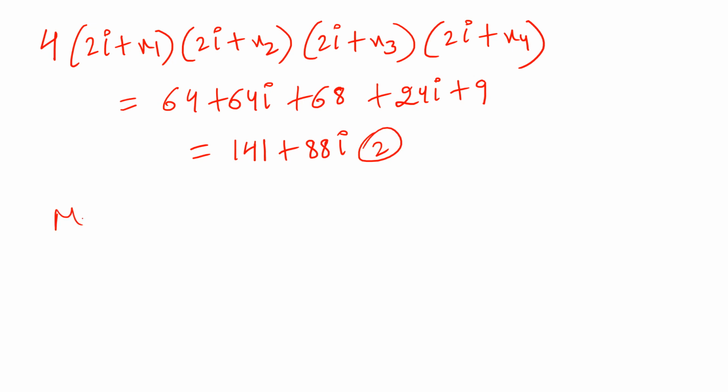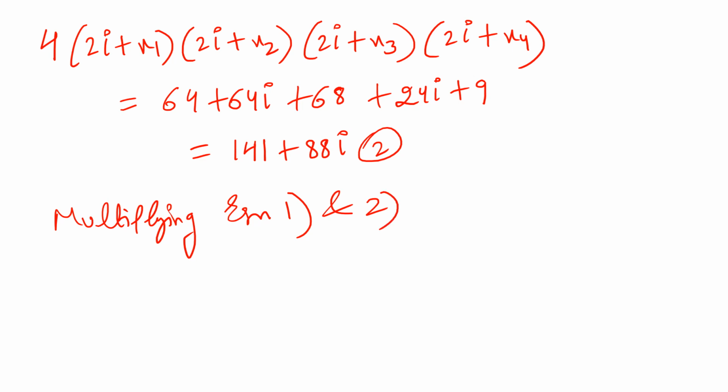Now students, multiply both the equations, and the reason for that I have already explained to you. When we multiply these two equations, on the left hand side we will be getting 16 into (4i^2 - x1^2), and 4i^2 - x1^2 is how much?